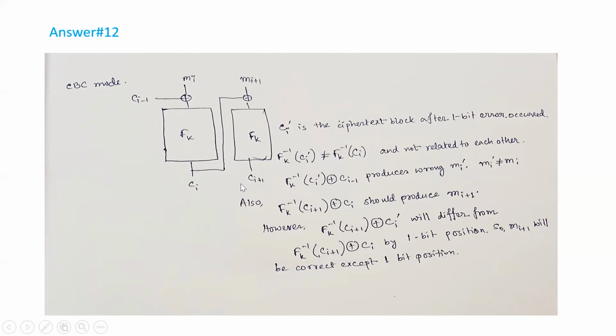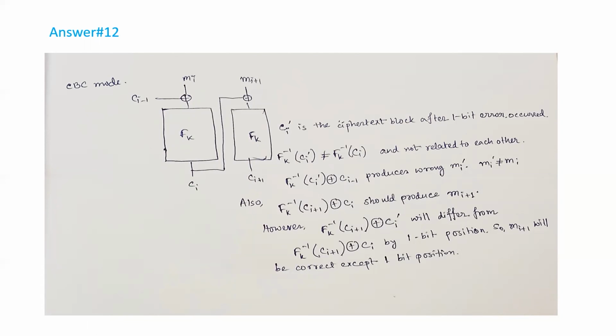Now also notice that the next plaintext block will also be affected due to this error in block CI. How? Although you receive CI plus 1 completely correctly, when you compute FK inverse of CI plus 1, you get MI plus 1 XORed with CI. Now this CI is corrupted. So basically you XOR CI dash, and it will give you MI plus 1 dash, which differs by 1 bit from the original MI plus 1.